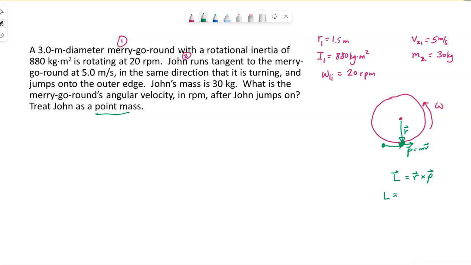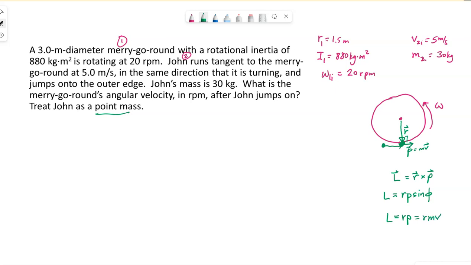So because this is a cross product equation, the R and the P, it's only the components that are perpendicular to each other that are contributing to the angular momentum. So the fact that they're telling us that he's running tangent to the merry-go-round is important, because they're telling us that these are essentially perpendicular. And so John's angular momentum will simply be R, how far he is from the rotation axis, times P, his linear momentum.